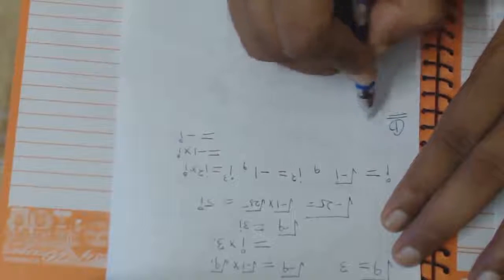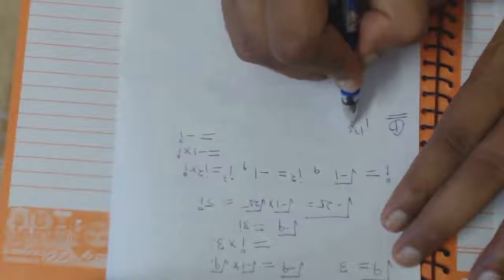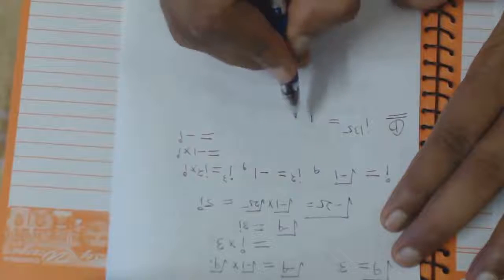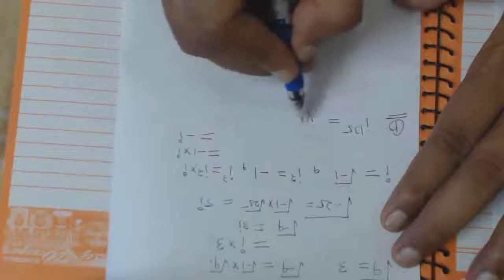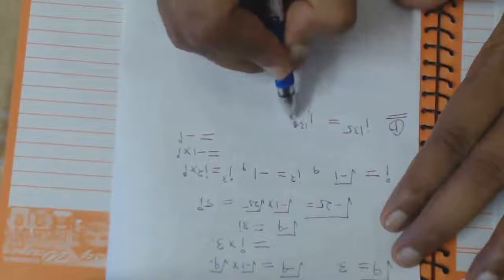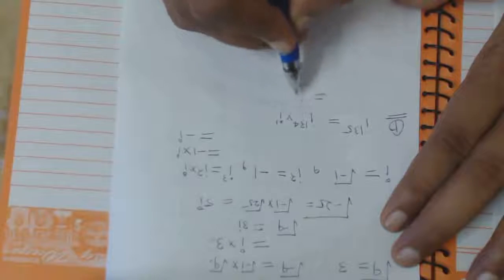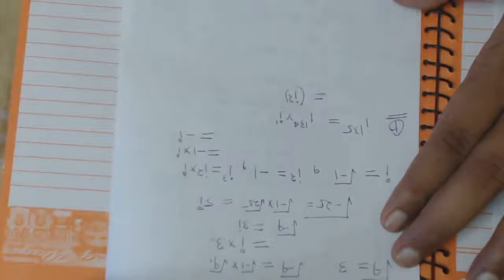Now I'm taking one question. What about iota raised to the power 135? Iota raised to the power 135 is an odd power. First try to break it into an even number, into two parts: first 2 and then a multiple of 2.